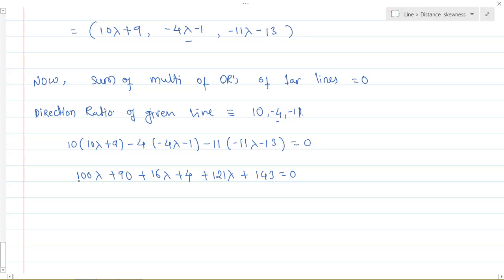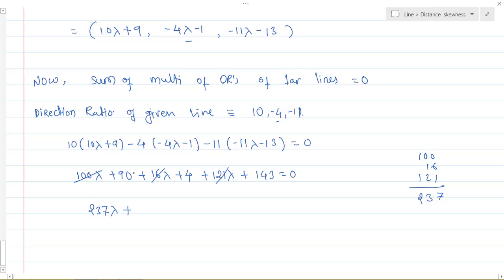Solve for this: 100 lambda plus 16 lambda plus 121 lambda, which is 237 lambda.